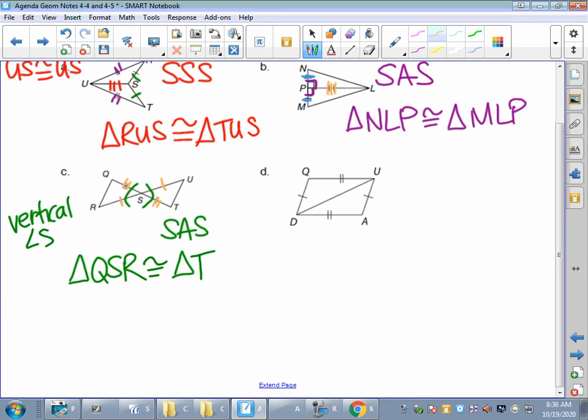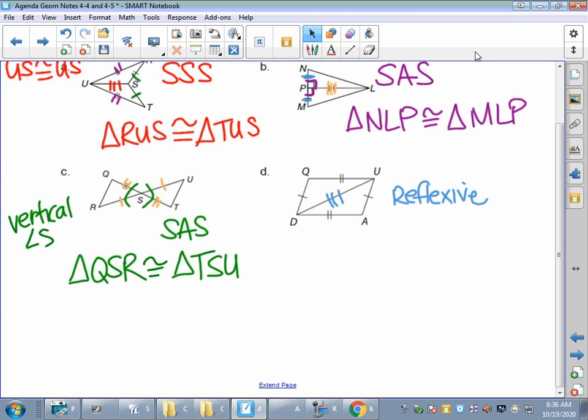So I'm going to have to call this one TSU. Got ourselves a side angle side. Let's skip D. I do want to make sure I mention D. You probably will need that reflexive property because DU from the left triangle is congruent to DU from the right triangle. Therefore, it looks to me like side, side, side. I don't know about you.